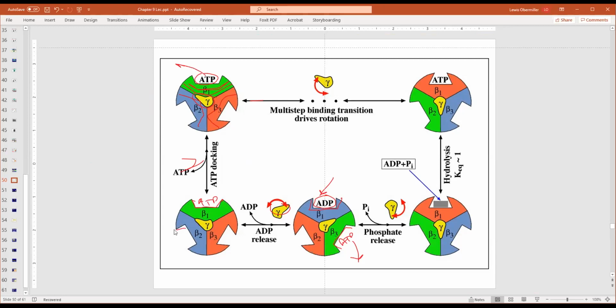And over here, this would fit ADP as well. And then this rotates some more, and we have the phosphate that's getting smashed together. So that's what's going on here on this side at this point. That's what's going on here in the red one at this point, and so on.